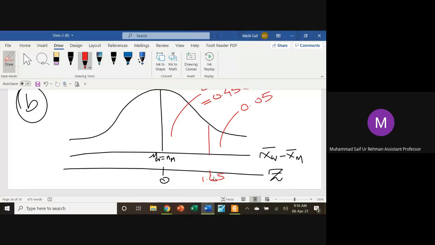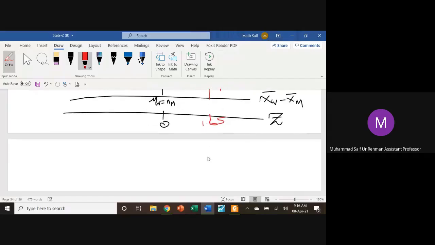Otherwise, if it is less than 1.65, we shall accept the null hypothesis. So you will write down the decision rule in these two sentences or in one sentence.